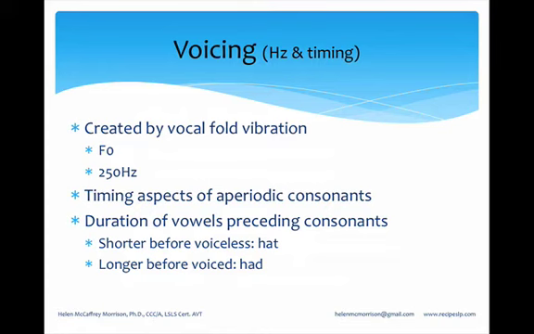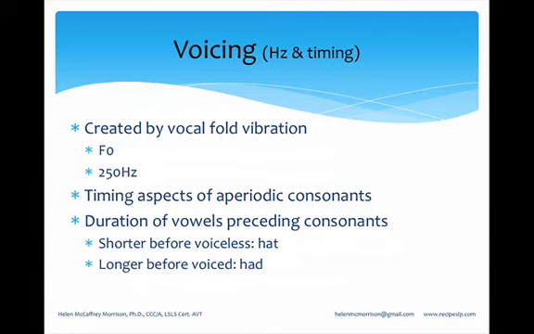It's not just hearing the presence of the fundamental frequency. Now, another important thing to know about the voice-voiceless distinction in consonants is that vowels that precede, vowels that come before a consonant, gives the listener a cue as to whether or not that consonant is voiced or unvoiced.